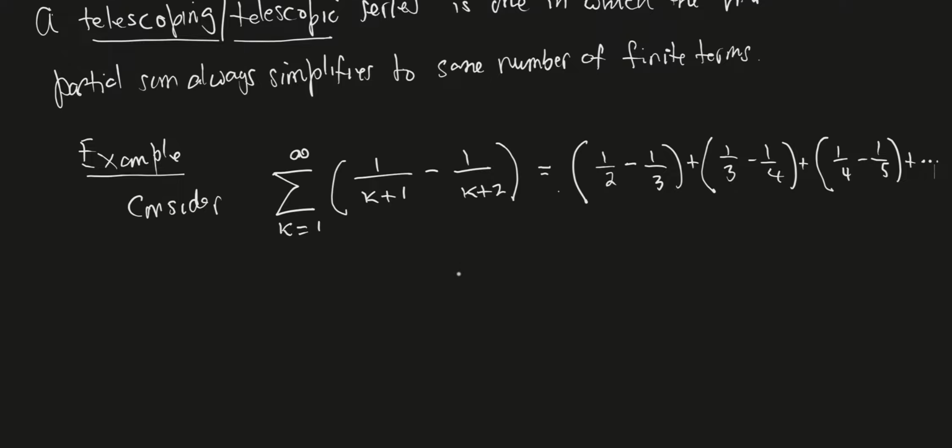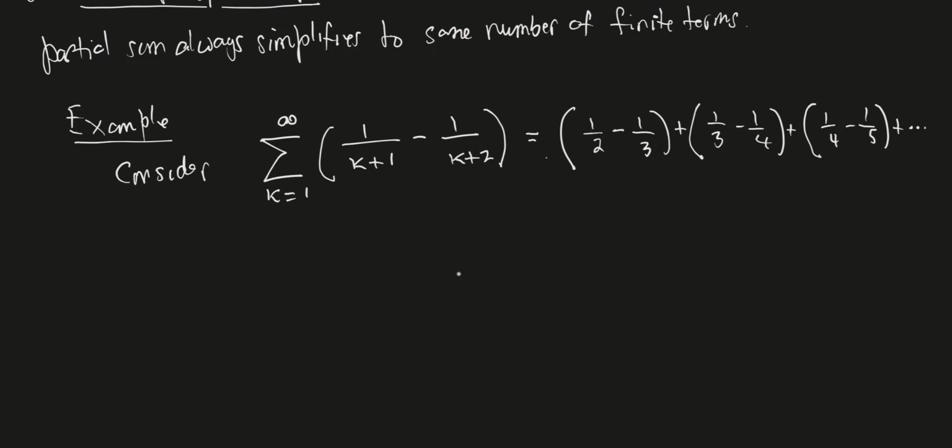Well, again, our procedure is to find a formula for S sub n, the sum of the first n terms. In this case, because my index starts at 1, I'll have to go from k equals 1 to k equals n in order to get those first n terms. So here's our nth partial sum.